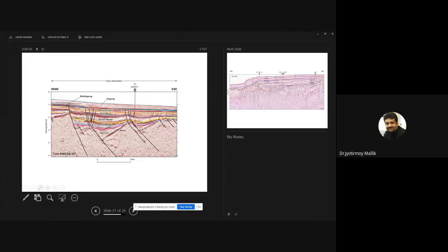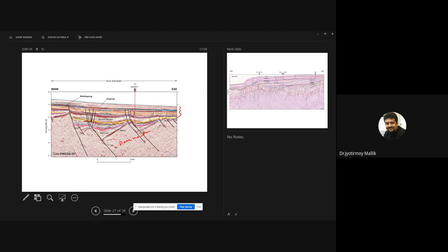So we were in this particular slide where we talked about these different reflectors, and of course we talked about the general structure in terms of the faults. We said that this is the basement, and then of course these are the sedimentary layers.